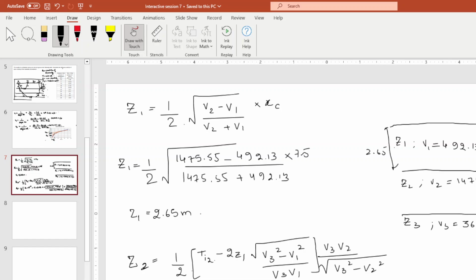There will be no depth required for this because it is a rock deposit like bedrock and it goes on below. There is no depth because the waves are not penetrating it.